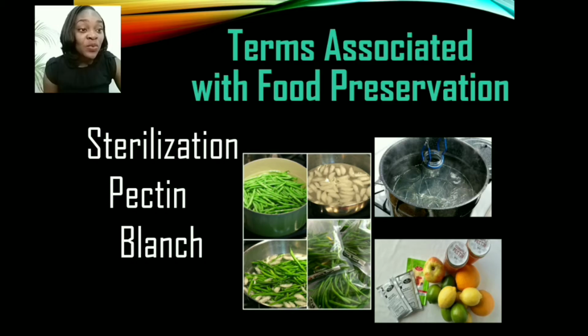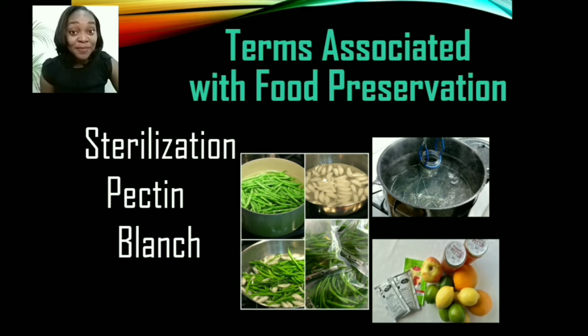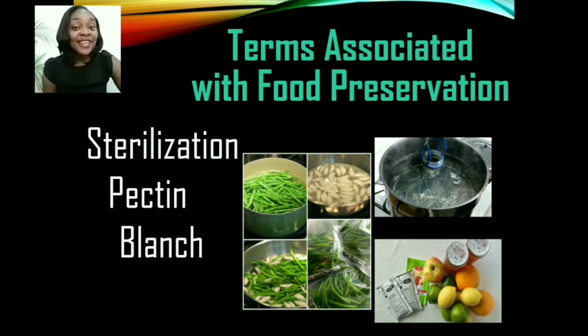Some fruits that we may say are tangy in flavor, right? And we also see some commercial packages there. Now guys, are you able to formulate the definitions for these terms based on the images that are being displayed? Move on and see if what you have formulated is indeed accurate.